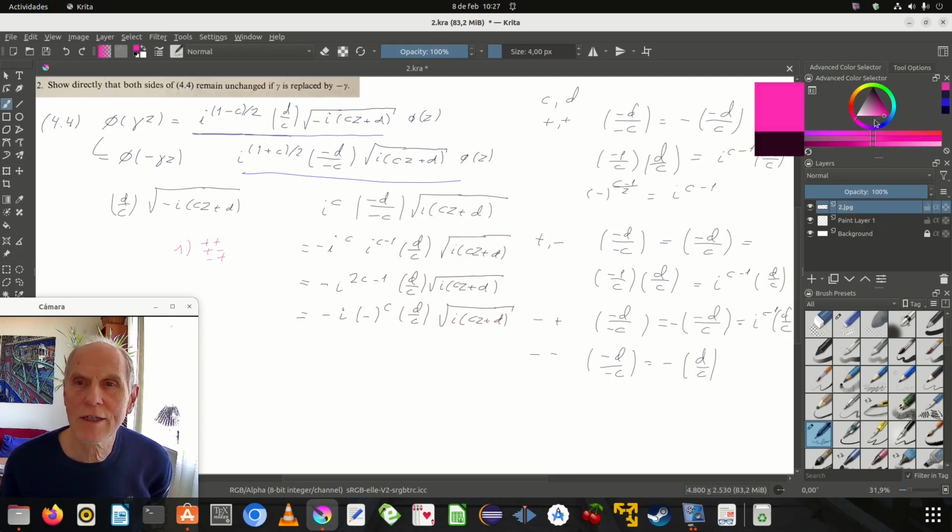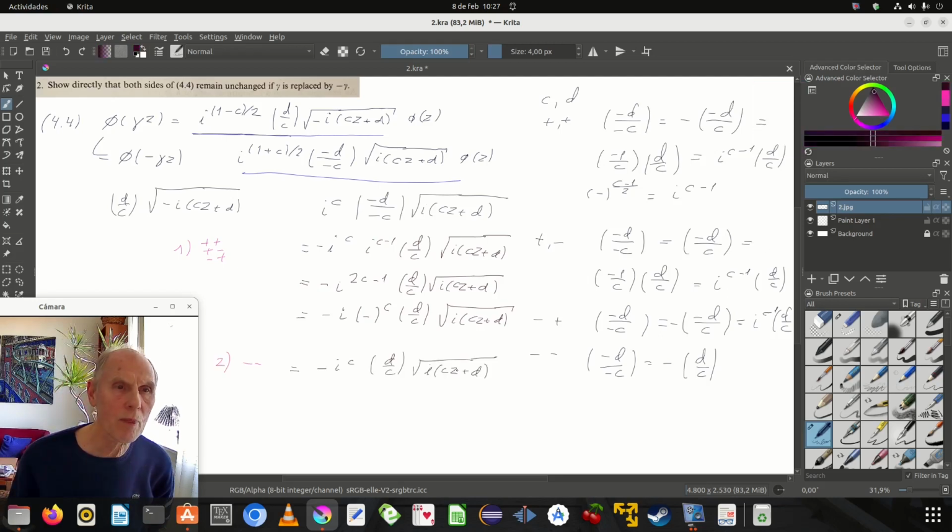And the second case, so I'd like to show first that the squares agree.